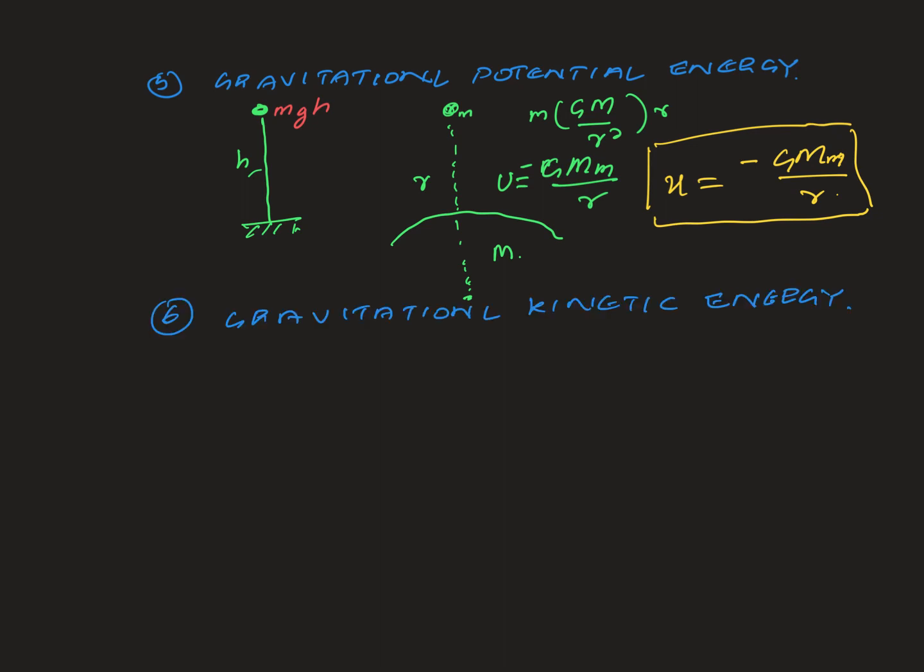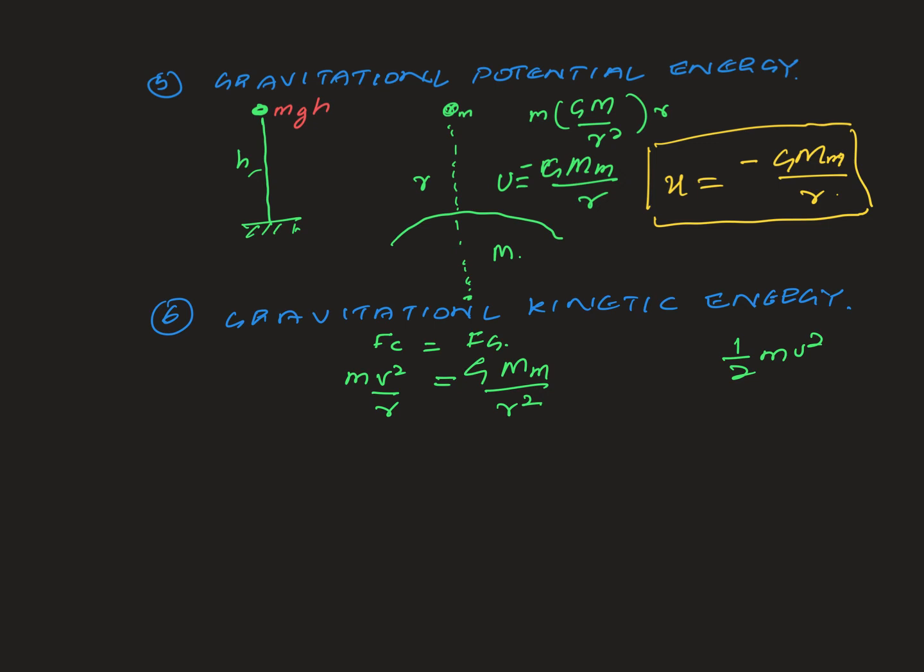So that's the equation for gravitational potential energy. So the next one is the gravitational kinetic energy. And now we're going to write the same formula again, which is the centripetal force is provided by the gravitational force. So mv squared over r, because v squared over r is the acceleration, is equal to GMm over r squared. So kinetic energy is given by half mv squared.